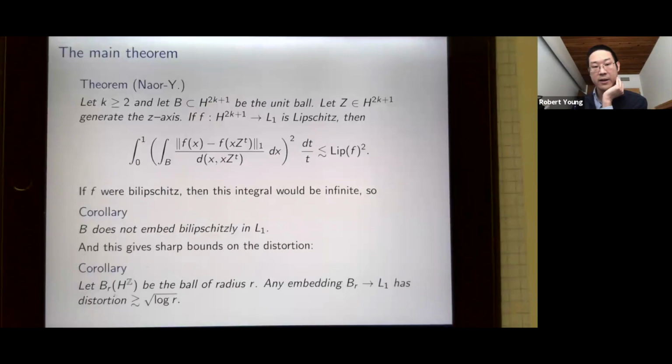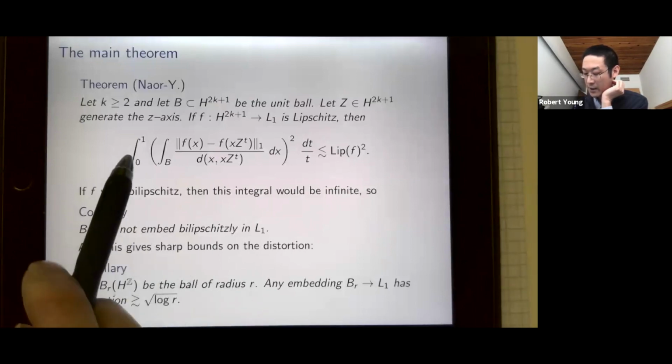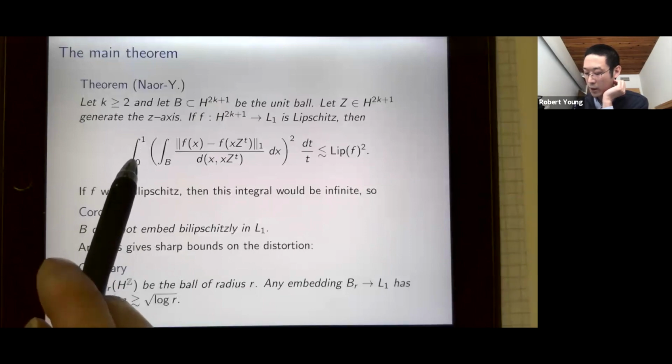But in fact, we can use this to get sharp bounds on the distortion. Because if I take the ball of radius r in the integer Heisenberg group, then that also has to satisfy a bound like this. In fact, if I have an embedding of the ball of radius r in the lattice, then distances in that ball range from 1 to r.